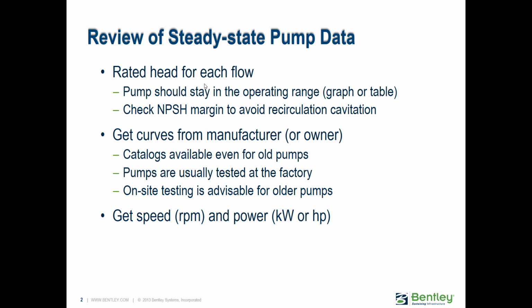It's certainly within its operating range, but it's that much more important when you're dealing with a transient simulation that the pump is operating near the best efficiency point, for reasons that I'll get into in a little bit. It basically has an assumption built in that it is operating near its best efficiency point, and that's to do with how it constructs a four-quadrant pump curve based on the initial operating point.